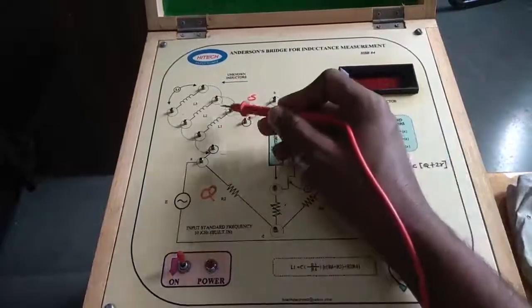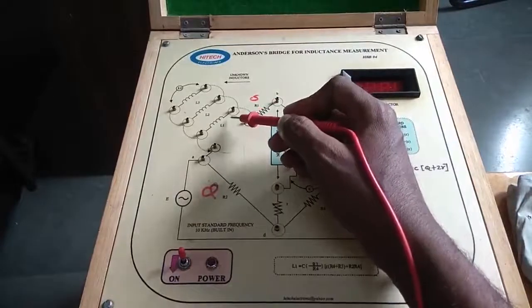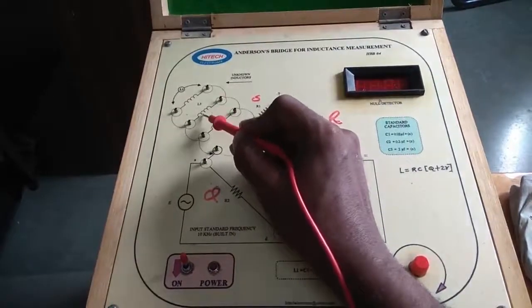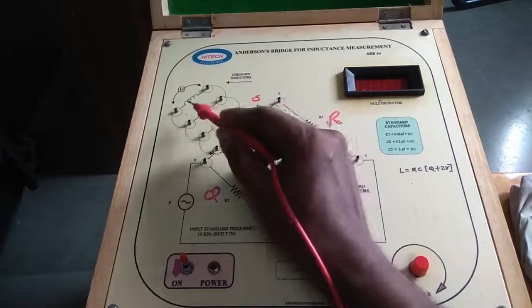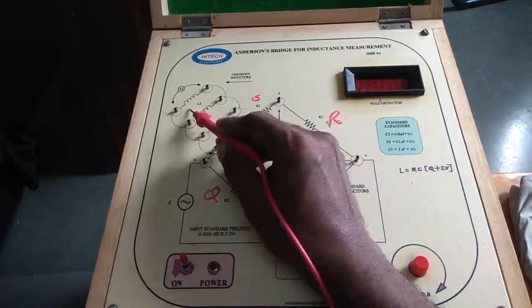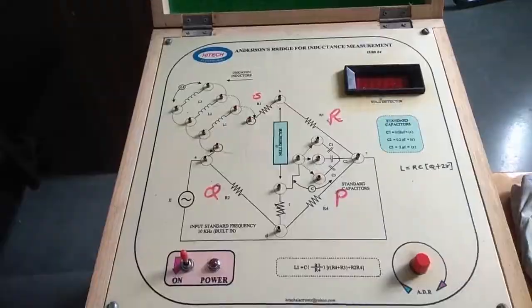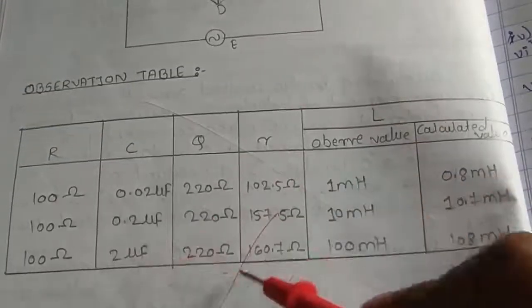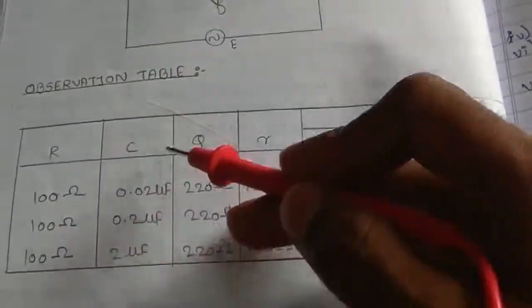In the same way, we will repeat the above procedure for finding the value of the unknown inductors L2 and L3. Now we will note down all the readings in the observation table. Resistance R is fixed.